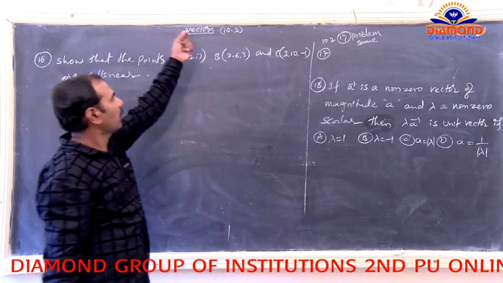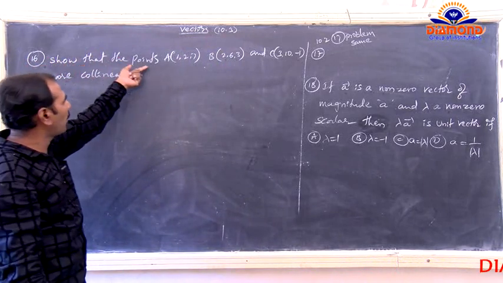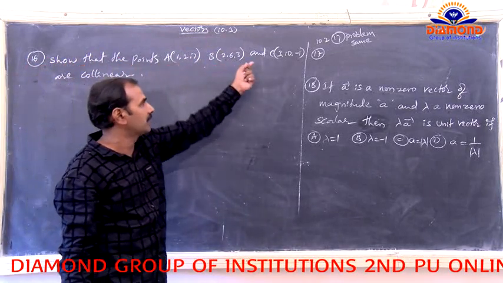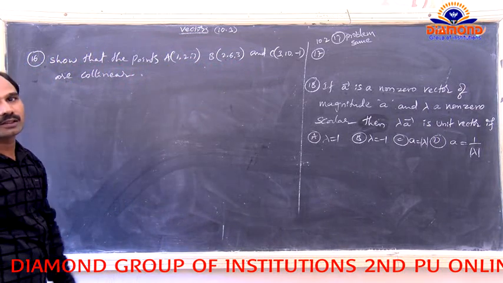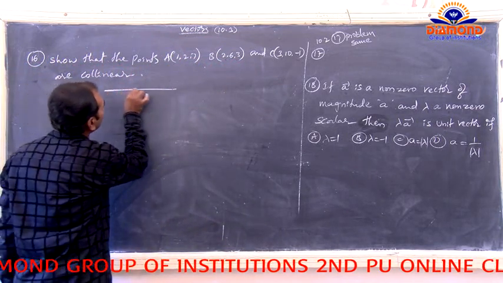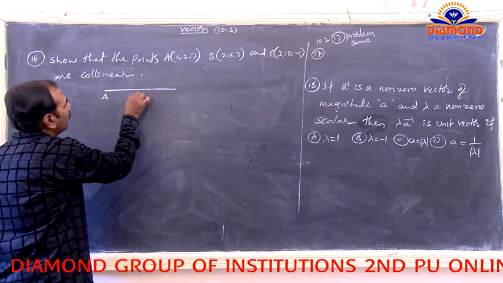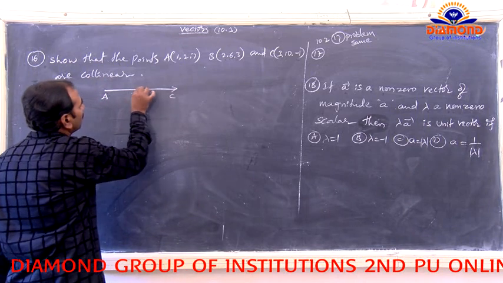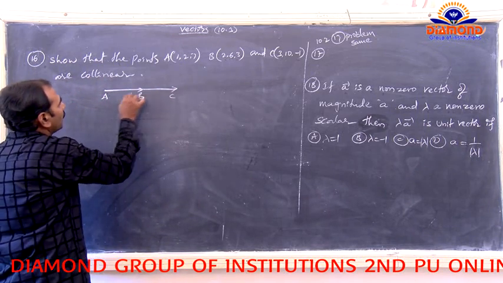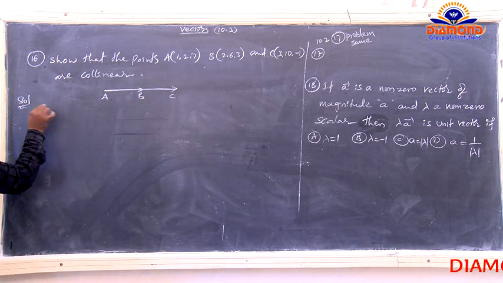Vectors, scalar product, exercise 10. Question number 16. Show that the points A, B, C are collinear. Collinear means, as you know already, points which lie on the same line. A, B, C, so these are collinear points. So solution.